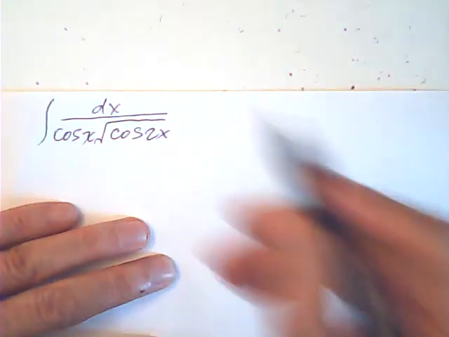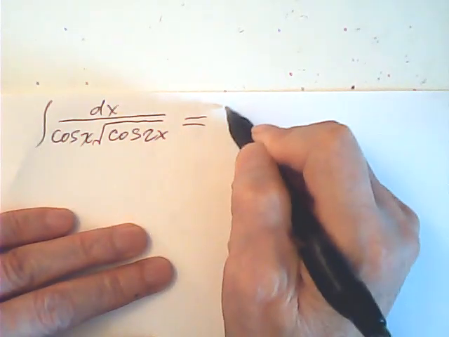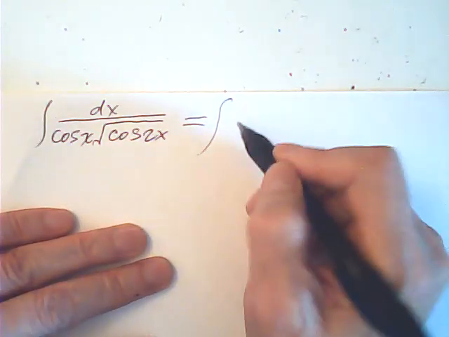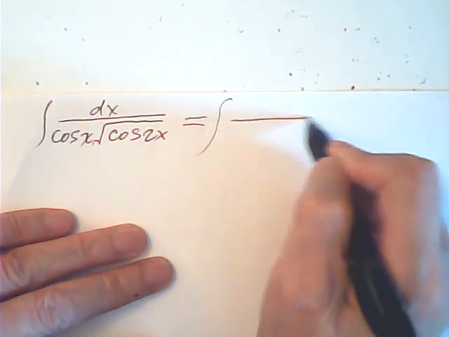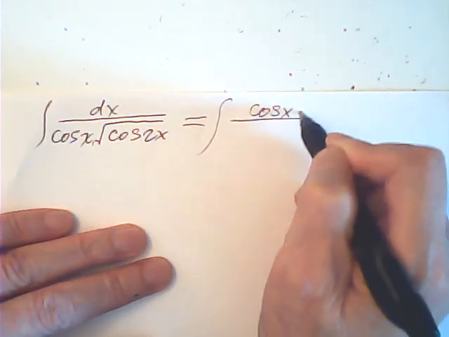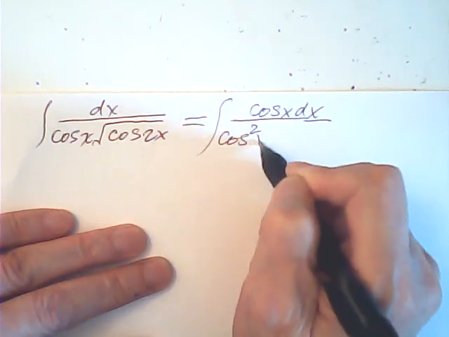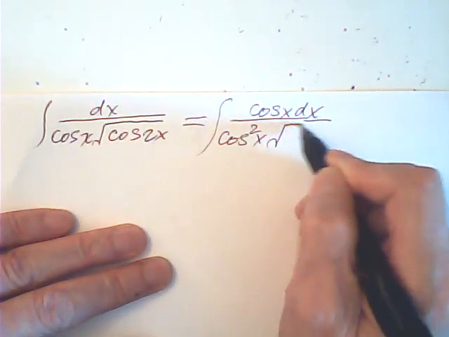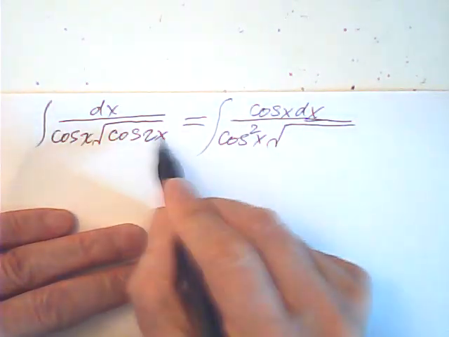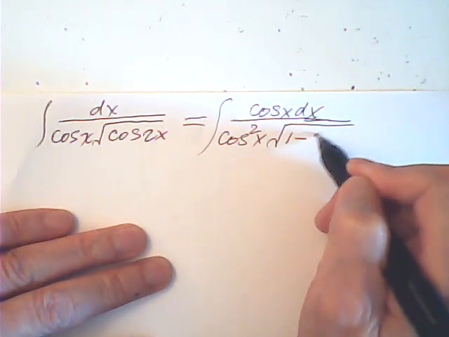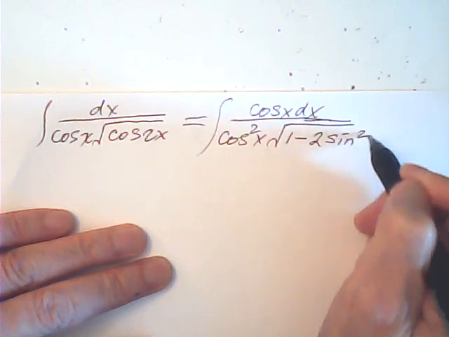Method one. I multiply the numerator and denominator both by cosine. So this is cosine x dx. This will be cosine square x, and change this one into sine, which is 1 minus 2 sine square x.